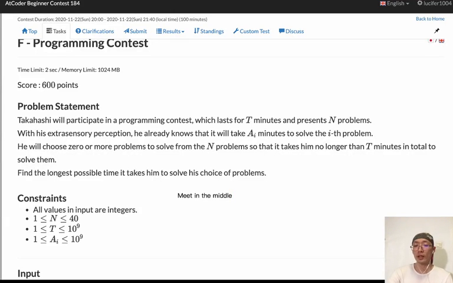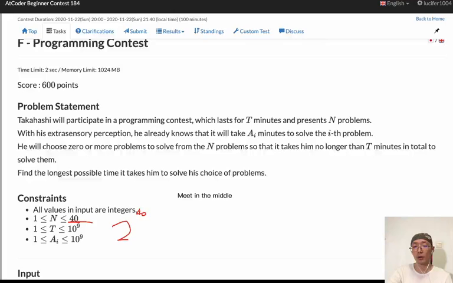So what is meet in the middle? This technique is usually employed in problems like this. That is, we have a big set which we cannot afford to enumerate all possible subsets. So here we have 2^40 subsets in the worst case.